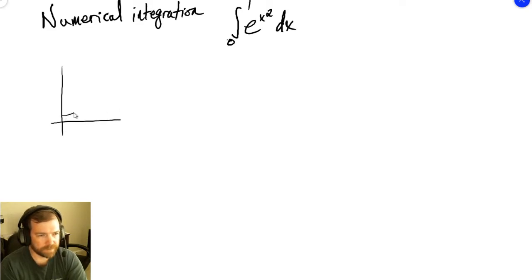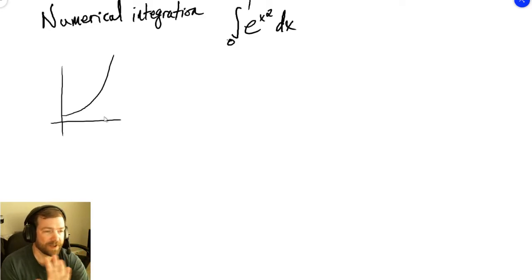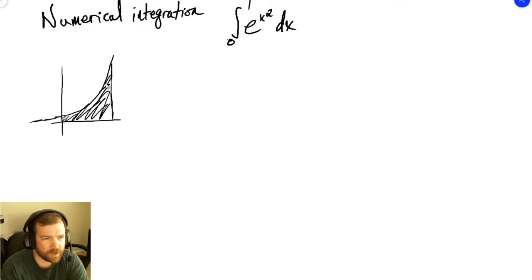We've got something like this. Granted, this would be 0 and this would be 1, basically. This is definitely not to scale. This would zip off to infinity extremely quickly. But the idea here would be, again, we still want to get the area under the curve.